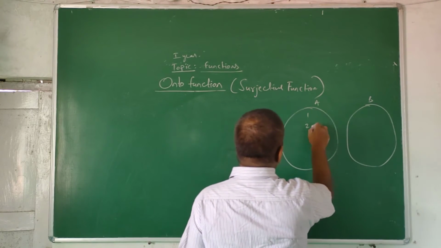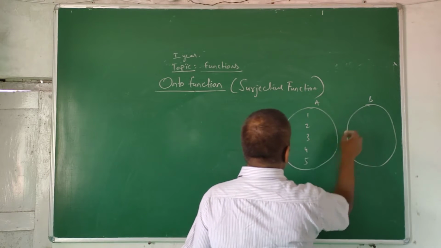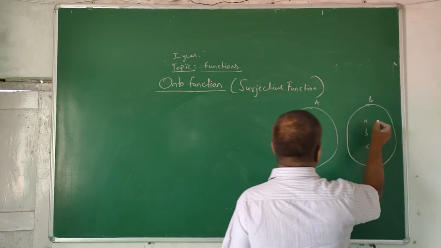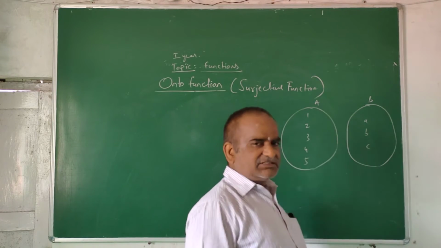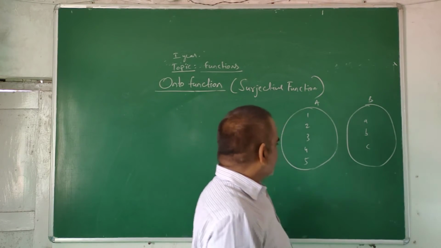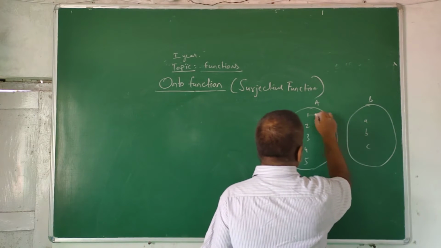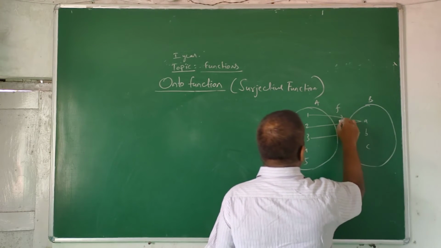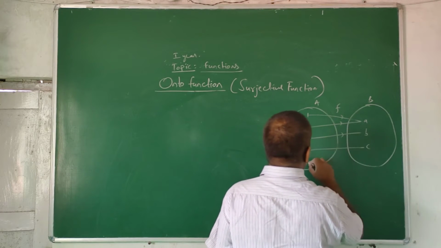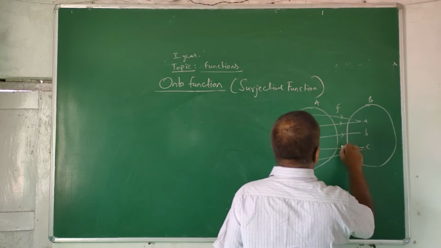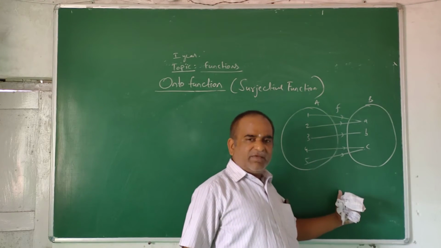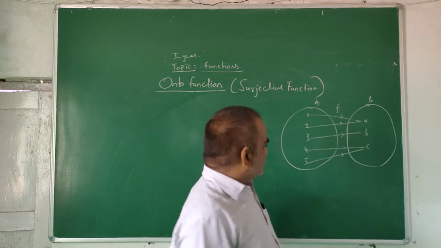Suppose A has the elements 1, 2, 3, 4, 5 and B has the elements a, b, c. It is just an example. Now I am taking a function f from A to B as shown in the arrow diagram.